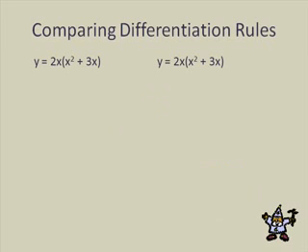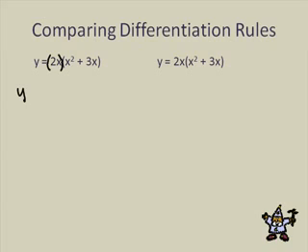Now let's take a look here and make sure we understand. So comparing differentiation rules. In the first one, because I have an x in here, this is a function, this would be our f of x. The second one is our g of x. I would use the product rule.